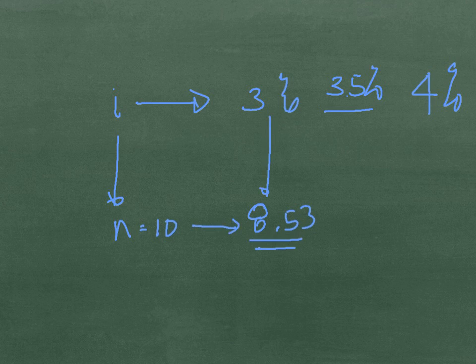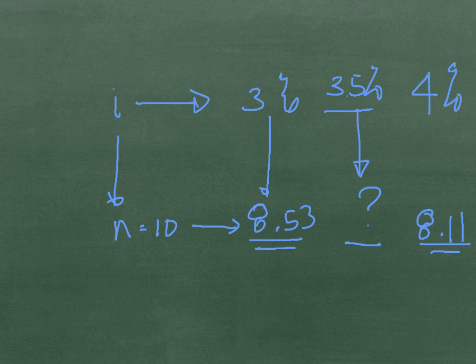And then if you look for the table factor for 4% and n equal to 10, that is 8.11. So the question is, what is the table factor for 3.5%?